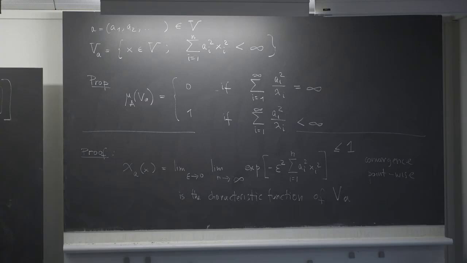So this means that we can apply the dominated convergence theorem. So we have this sequence of functions. We can do it both for n and for epsilon. So we always have an upper bound, which is integrable. We have a pointwise convergence.